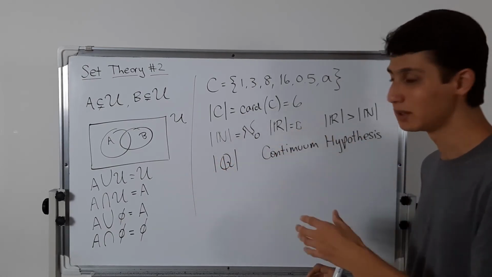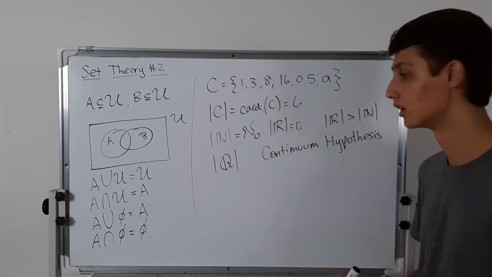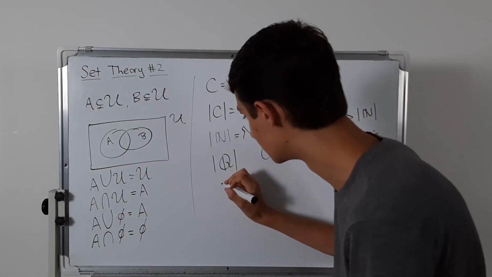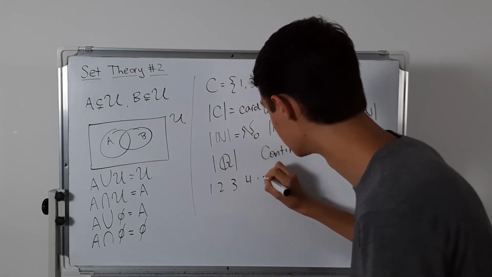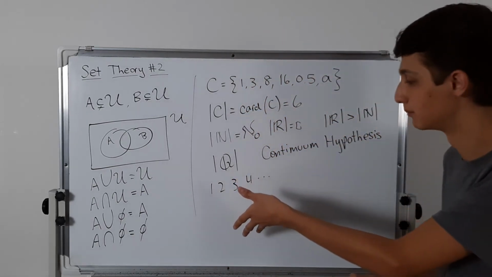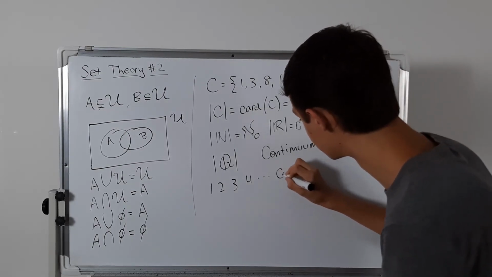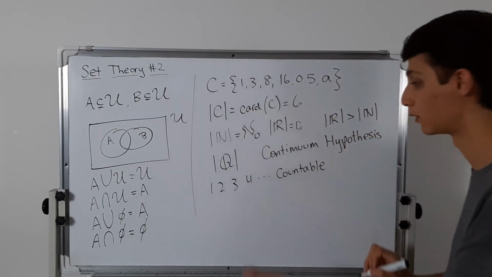Not really. He used a very clever trick where he can order these numbers. For the natural numbers, it's a very trivial order. It's just 1, 2, 3, 4, and so on, and you can order them that way. He called this countable, so it is a countable set, or countably infinite.